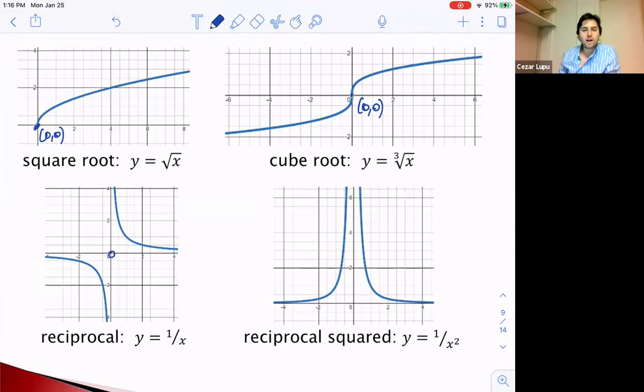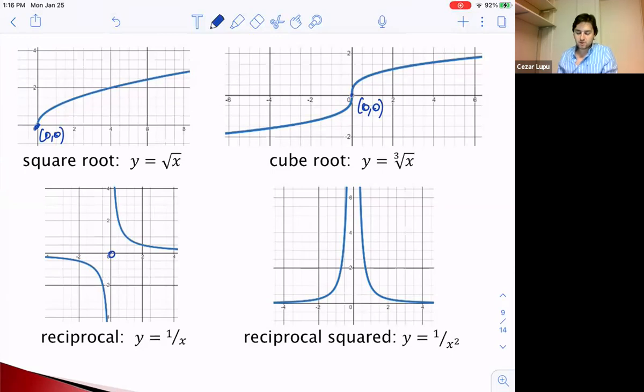Y equals 1 over x is a rational function, and you must avoid the values for which the denominator is zero. So for the fraction 1 over x to exist, the condition that x is different than 0 must be met.